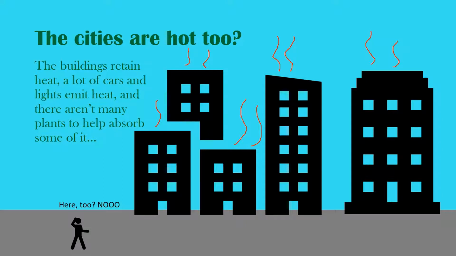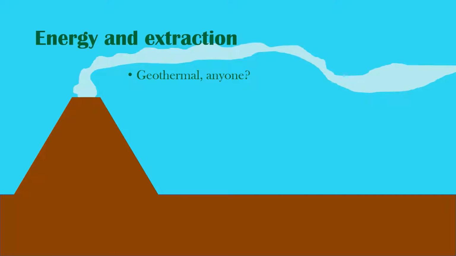So the second point in the topic is about energy and extraction. Right. So when it comes to energy and you think about geology or geography, the first thing that comes to your mind is geothermal energy, or at least it comes to my mind very quickly.